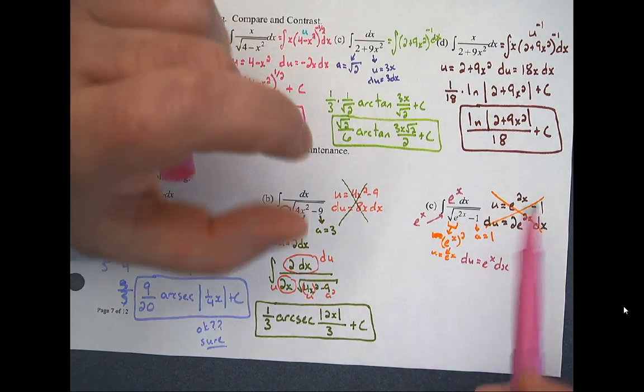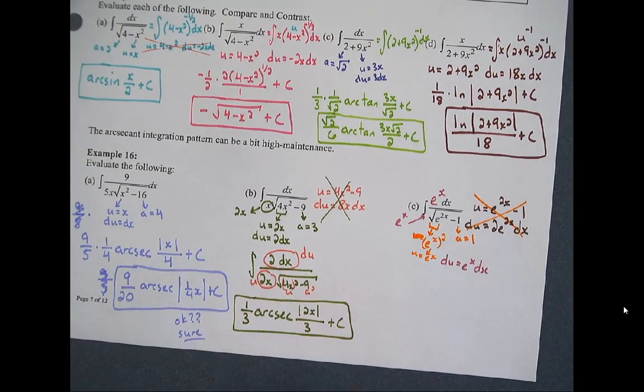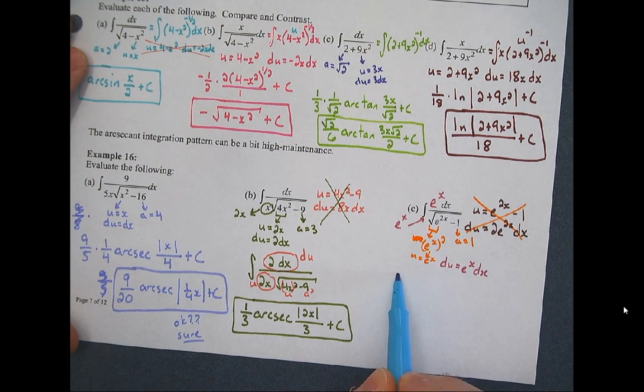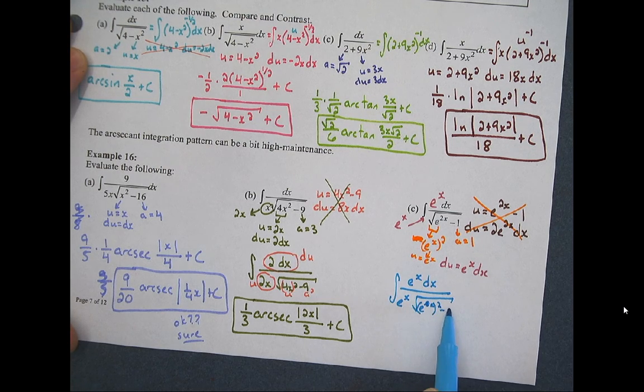So I'm going to rewrite the whole thing and see if it looks a little bit better. So this would be the integral of e to the x dx over e to the x square root of e to the x squared minus 1 squared.